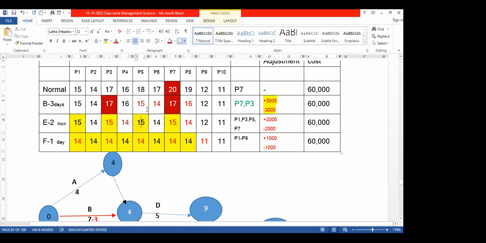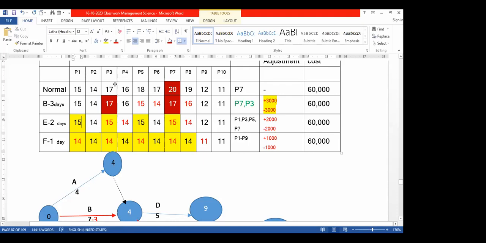P5 no change, P6 no change, P7 17 minus 2, 15 because E is there. P3, P8, 16 minus 2, 14, likewise. So now, again, you see critical path P1.